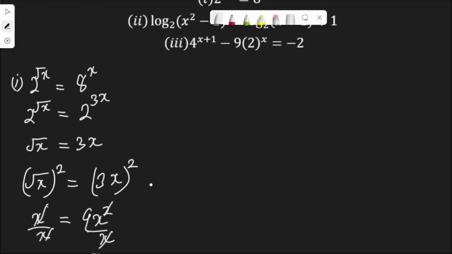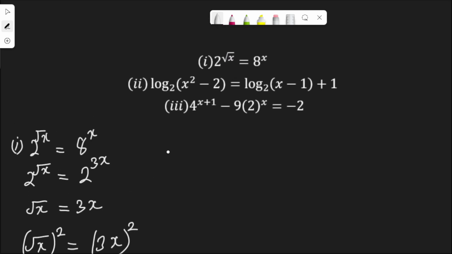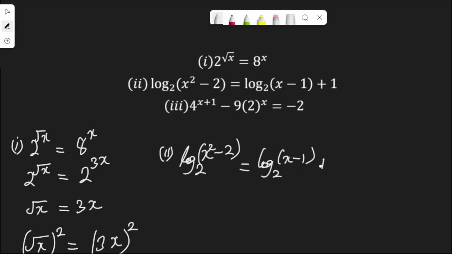Let's move on to number 2. We have log of x squared minus 2 to base 2 equal to log of x minus 1 to base 2 plus 1. Let me start with this 1 here.